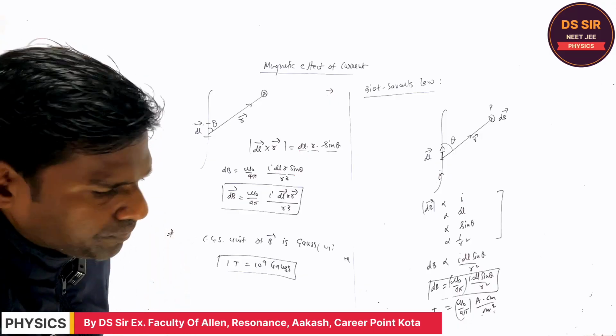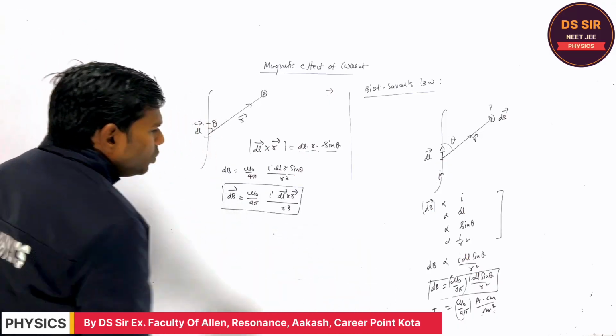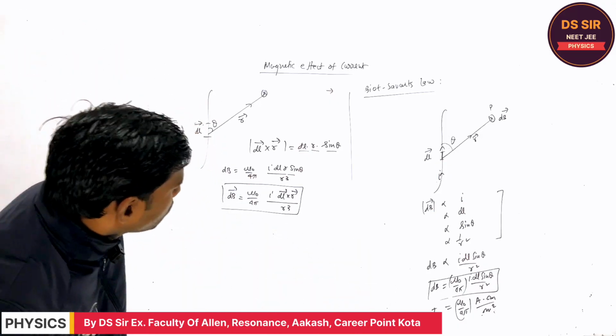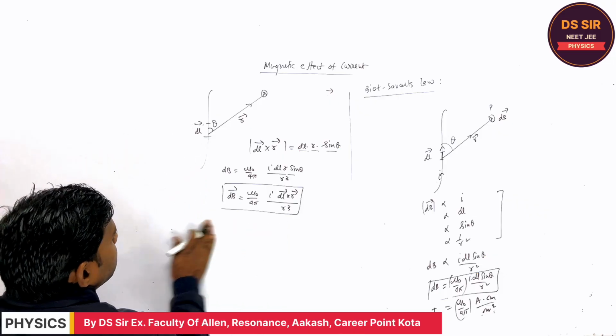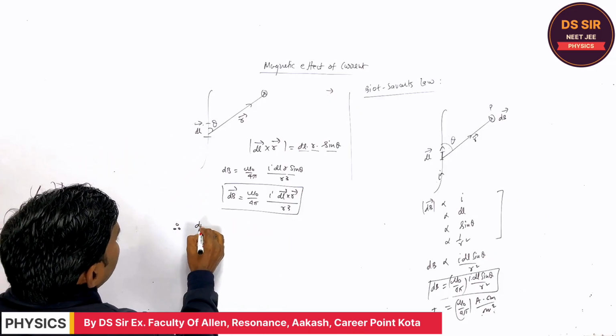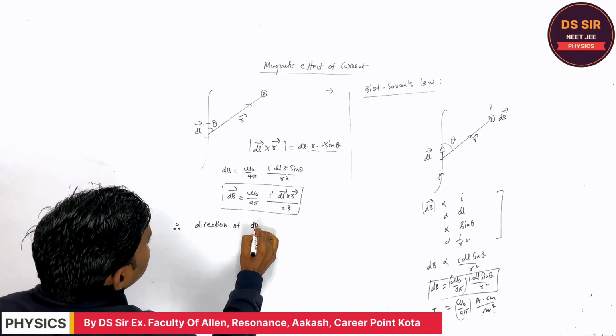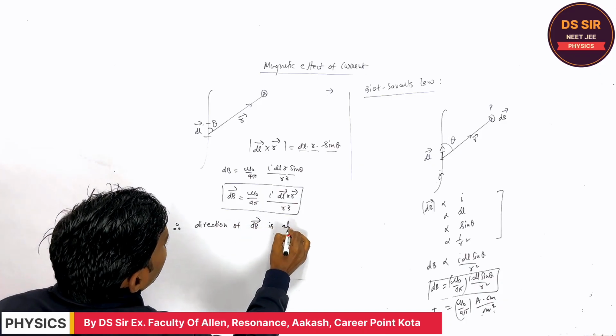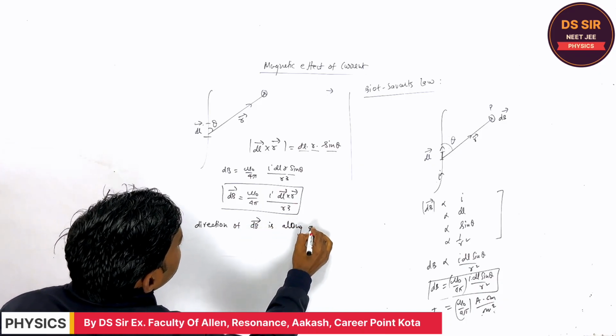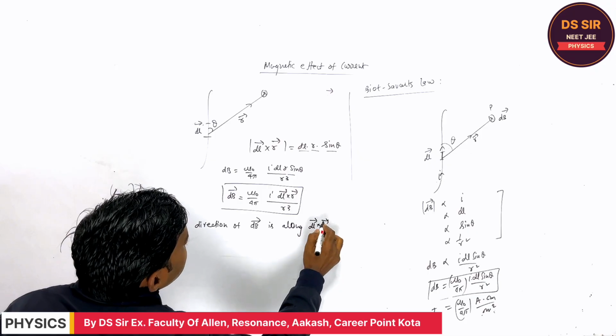Is it clear or not? So I told you it is a vector quantity, therefore the direction of vector dB is along dl cross r, or given by the right hand thumb rule. Is it clear or not, you tell?